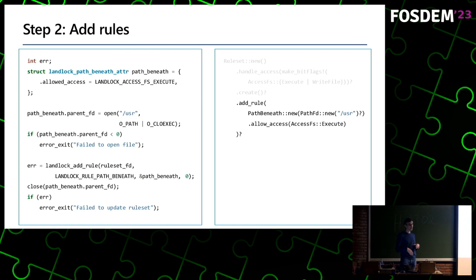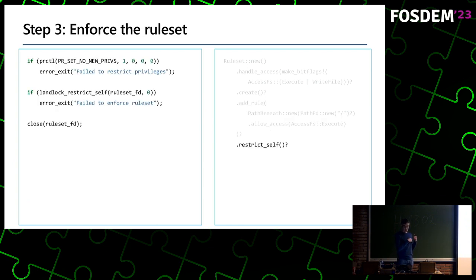Then, if you want to add rules to allow some directory to be, for example, executable, which is the case here, you open the /usr directory and make it executable, so allow access to execute. Then you can add all the rules you want for all the executions that should be legitimate for a legitimate use case.